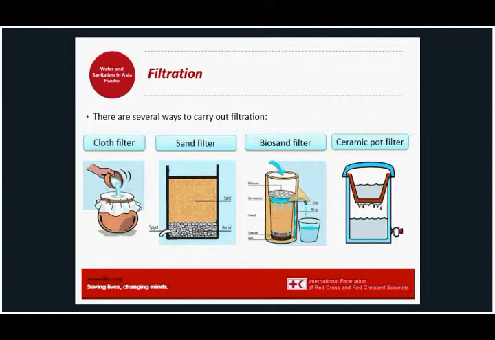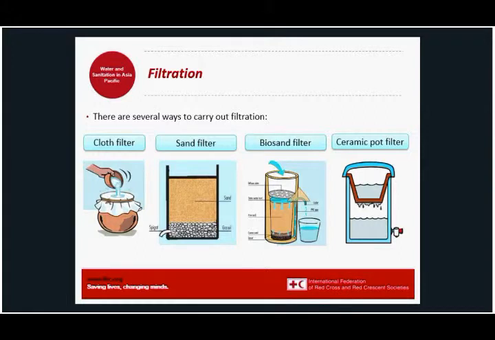If you're interested in the literature review for this, you can contact me directly. For sand filter, filtration through sand is a fast and simple pre-treatment option that reduces the amount of dirt in water and makes disinfection more effective.